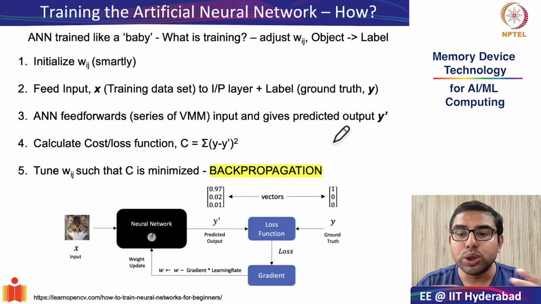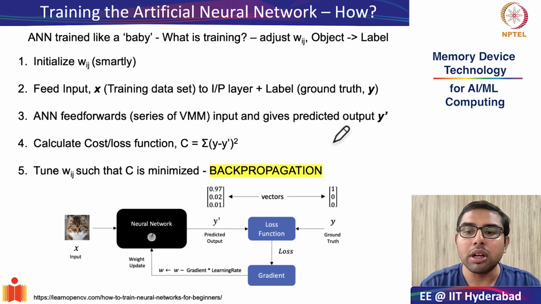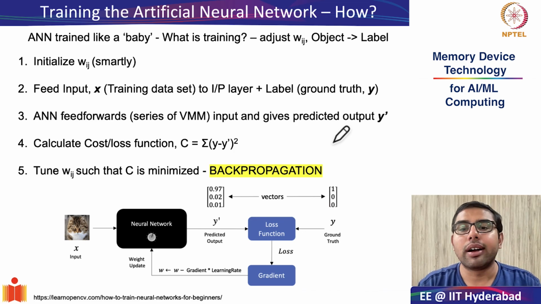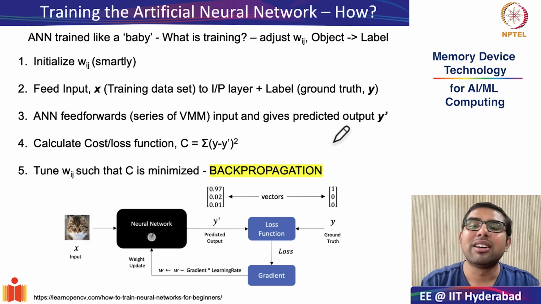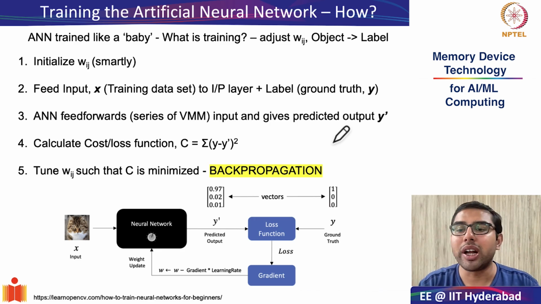Also, we saw that most of the power consumption and computational intensity in ANNs comes from this vector matrix multiplication. We saw the matrix form of it, y is equal to w dot x. y was the output of that particular layer, w was the corresponding weight matrix, and x was your input data.